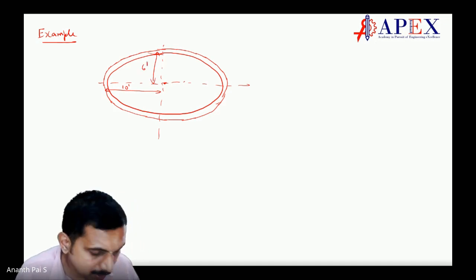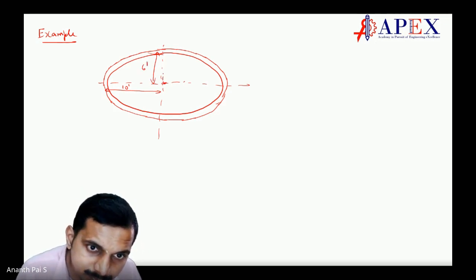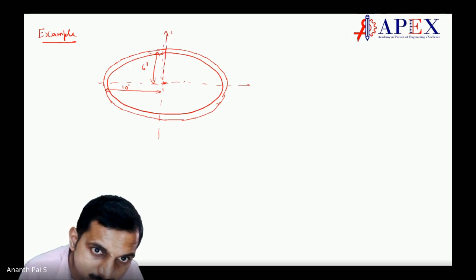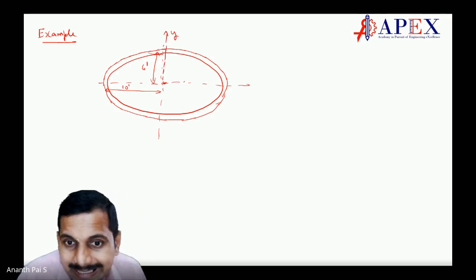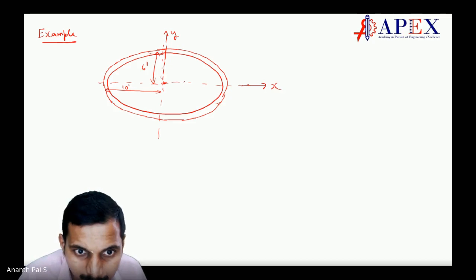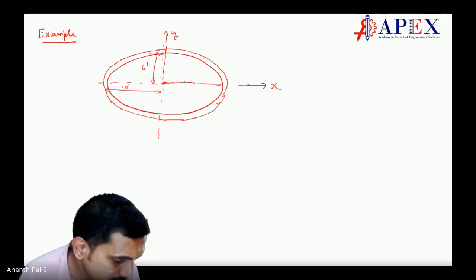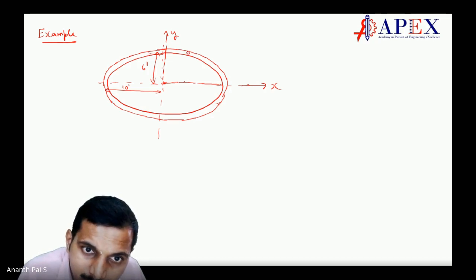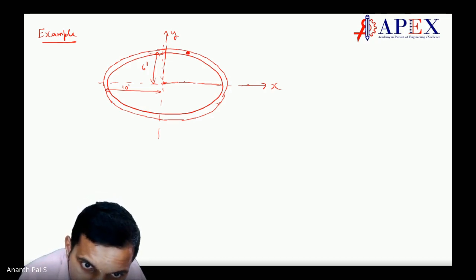Here, say this is y and this is x. Write it as a proper ellipse. Now here there is a pin.